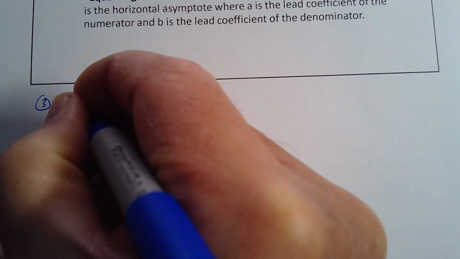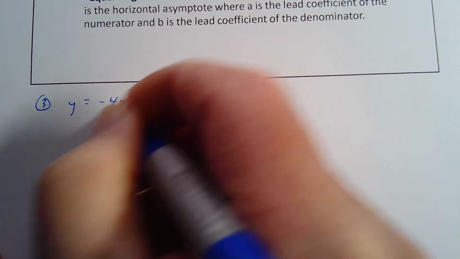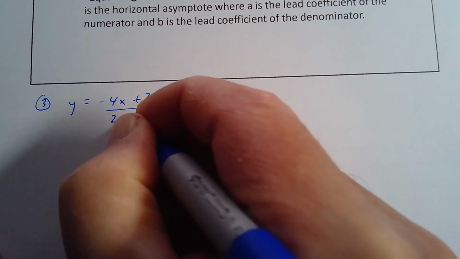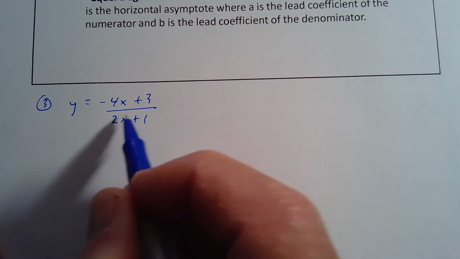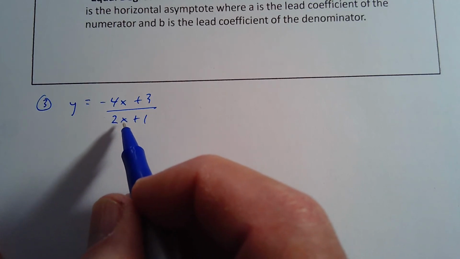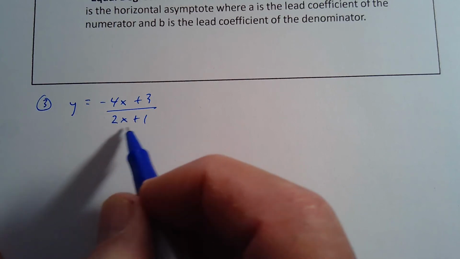So what if we had y equals negative 4x plus 3 on the top and a 2x plus 1 on the bottom? And so now I see there's a point of discontinuity at negative 1/2, but right now we're just focusing on horizontal asymptotes. And yes, it would have a vertical asymptote at negative 1/2.